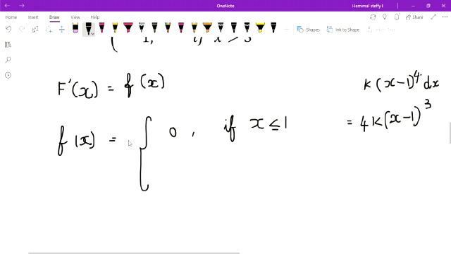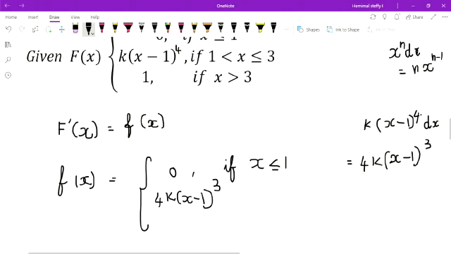Now I am going to write here: 4k times (x minus 1) whole cube. What is the limit? Same thing, I am not changing the limit: if 1 is less than x less than or equal to 3.